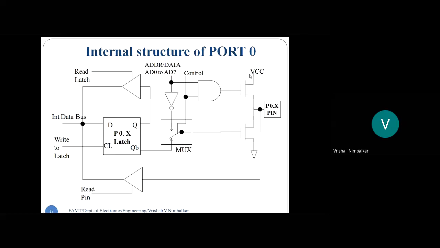Right? So look at the top MOSFET. The terminal which is connected to VCC is called the drain. Correct? The terminal which is connected to the AND gate is called the gate. So drain, gate, and the lower terminal is called the source. So these are the terminals of a MOSFET, students.